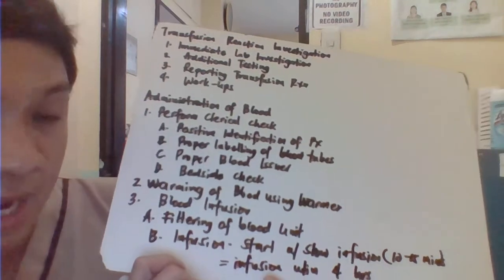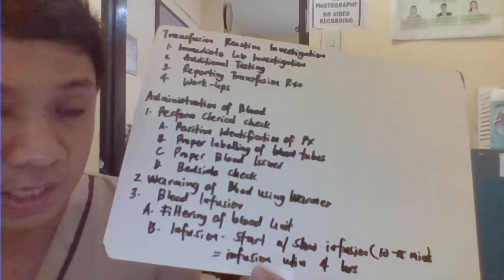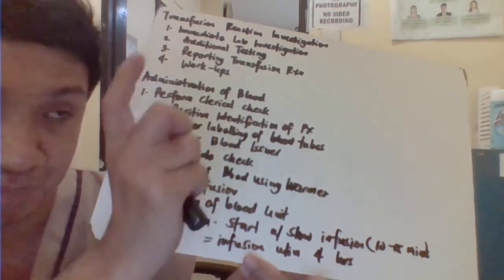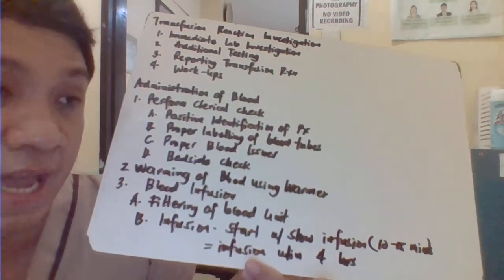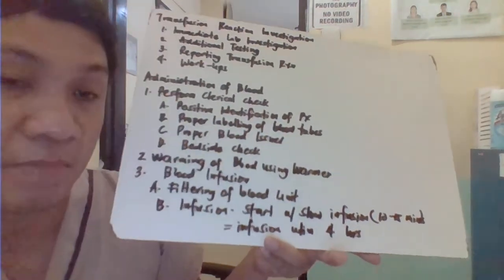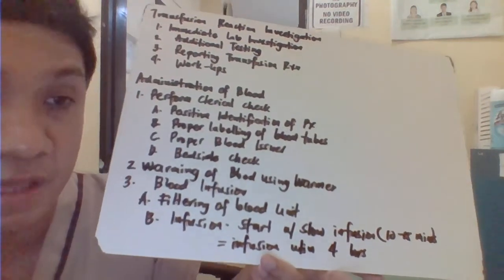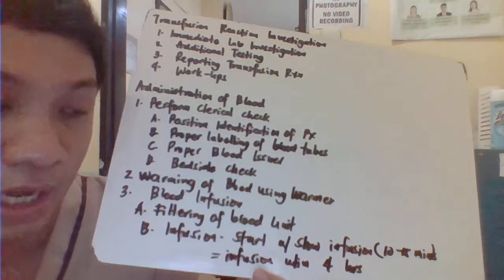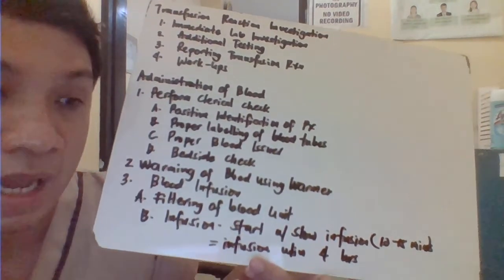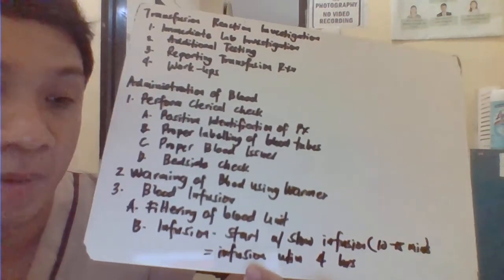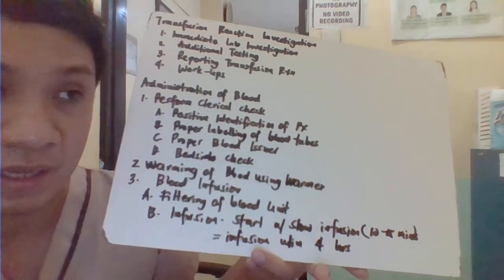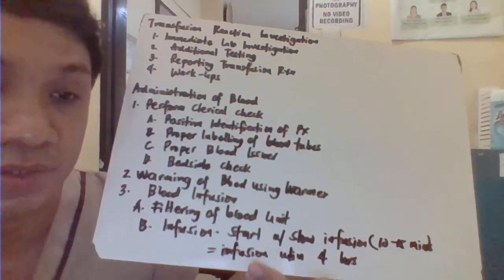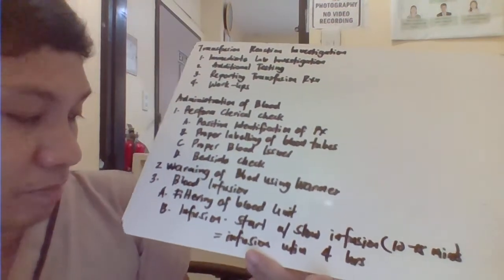The nurse would have the blood set with a filter attached to the IV line and to our blood bag that will filter the blood, in order to prevent the clotted components of the blood from being transfused to the patient. Otherwise, the tubing may clog and the entire unit of blood would not be transfused.